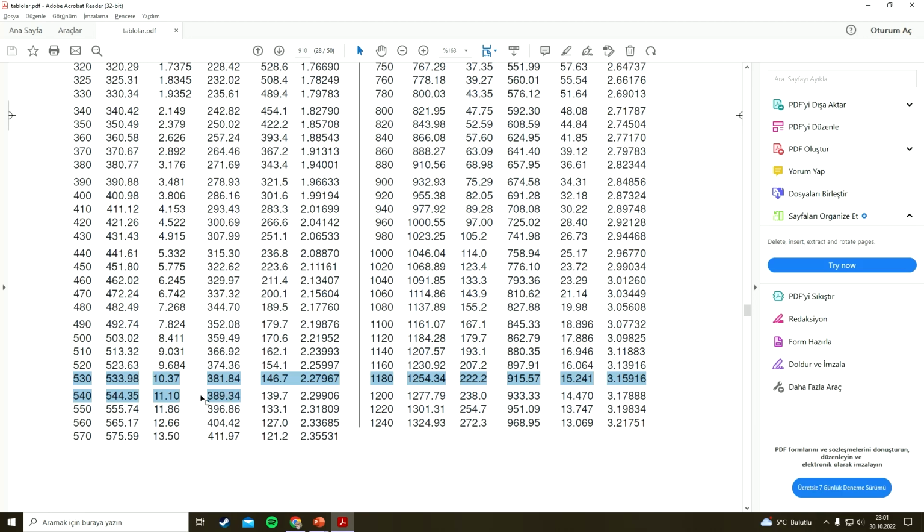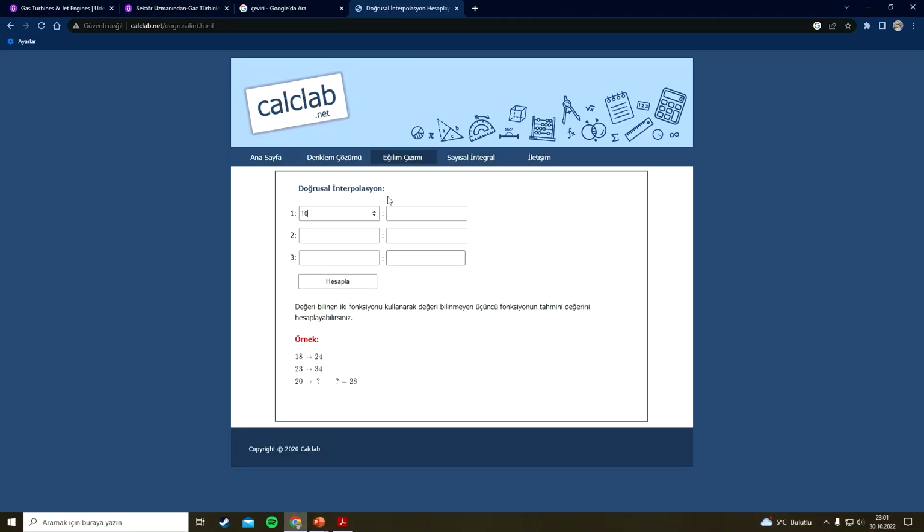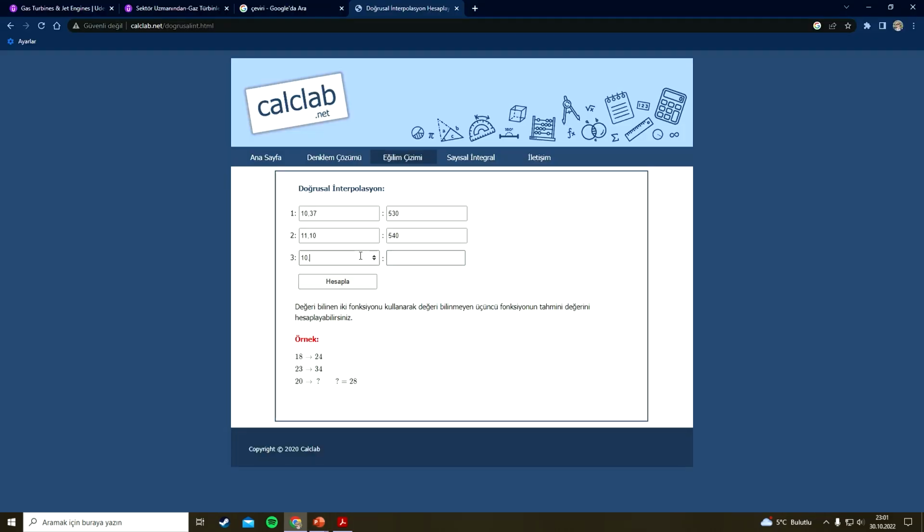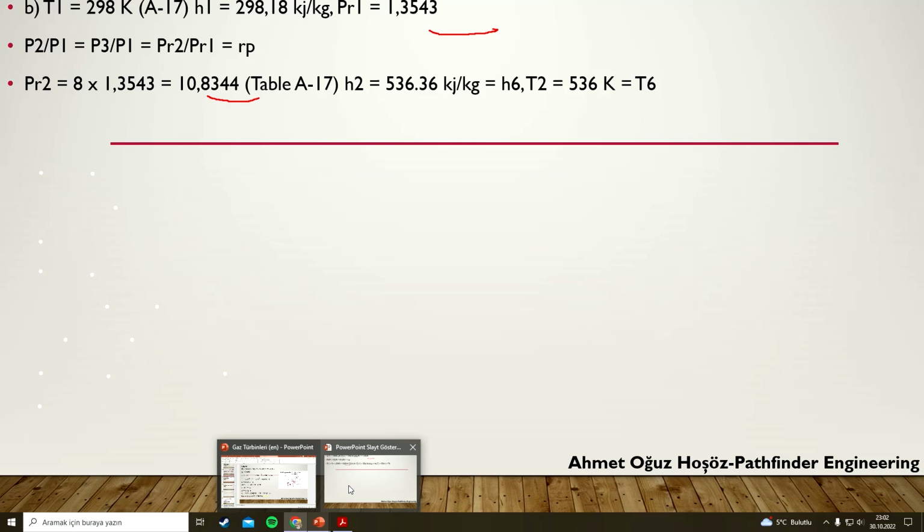We're going to make a linear interpolation for this question to determine a better result. So we write the first value and the second value there. Then our value is 10.8344, and our temperature is 536.3614 Kelvin.